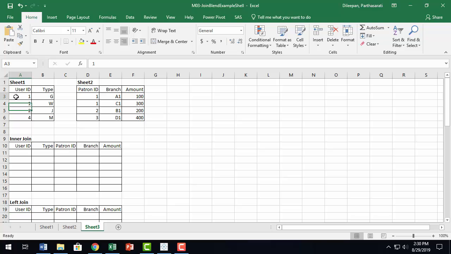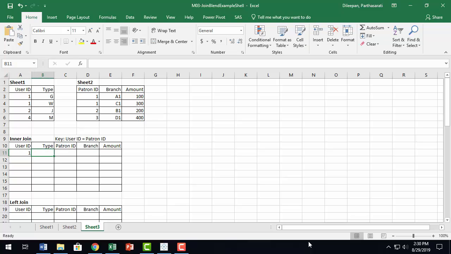You take the first record, and then look through the second table. User ID and pattern ID, that is your key. So, the key is user ID equal to pattern ID. So, you have a match. That one matches with that, so that will be included.